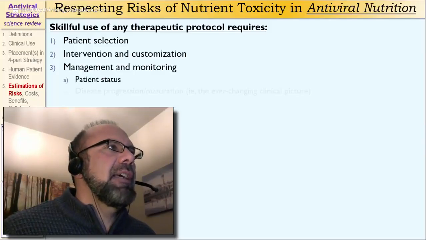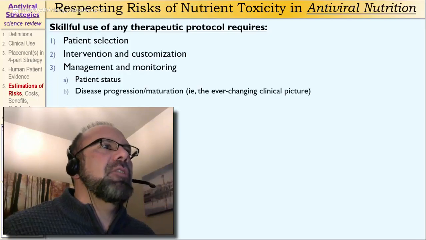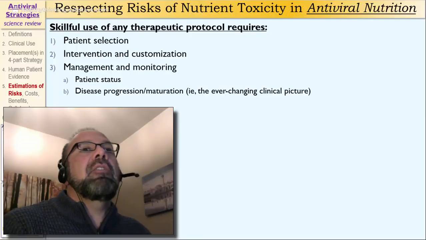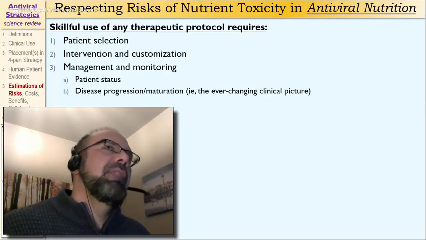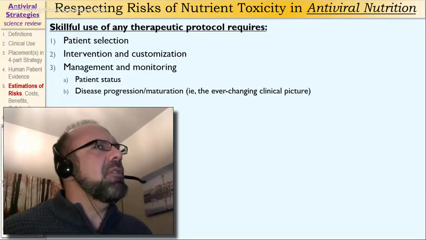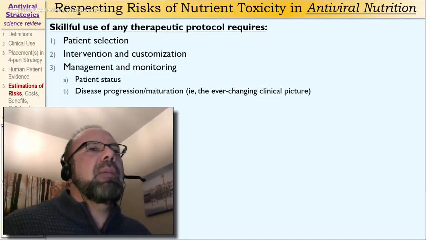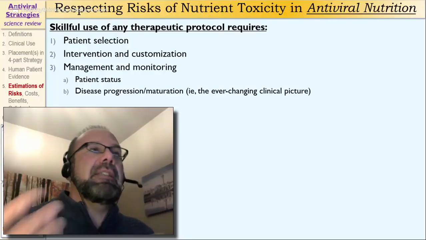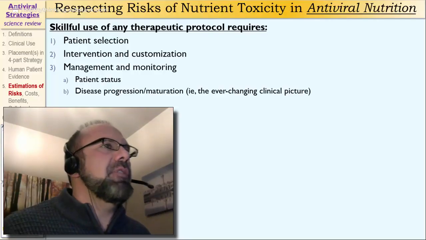So we manage patient status, any disease progression or maturation, because some diseases might look like disease A for the first month, and then later it starts to look more like disease B, and so maybe our diagnosis was wrong, or maybe we have another disease developing while we were treating the first disease.